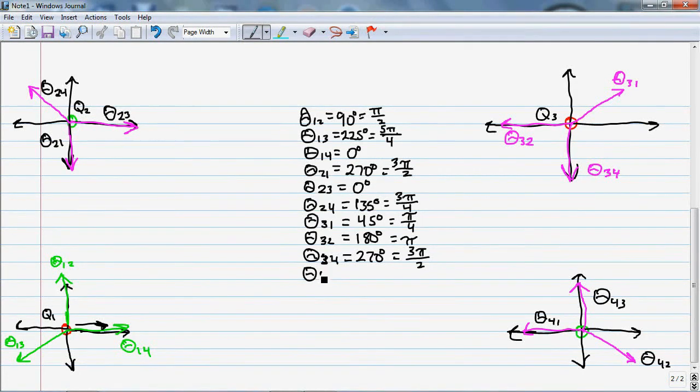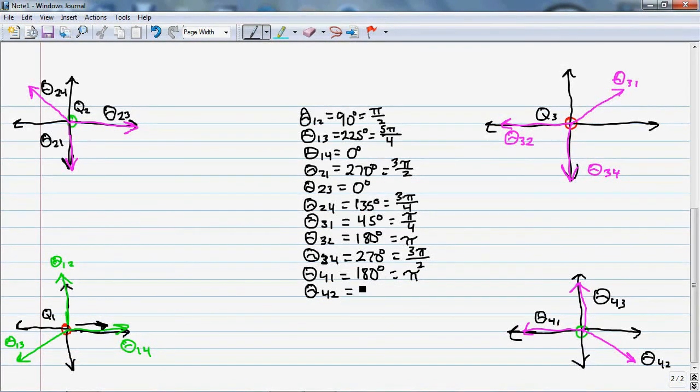So theta 4, 1 is equal to, well, that's just 180 degrees because it's going straight left, which is pi. Theta 4, 2, well, that's just going to be 360 degrees minus 45.